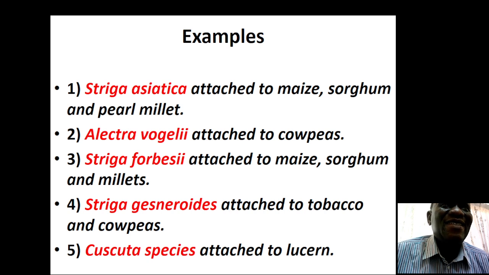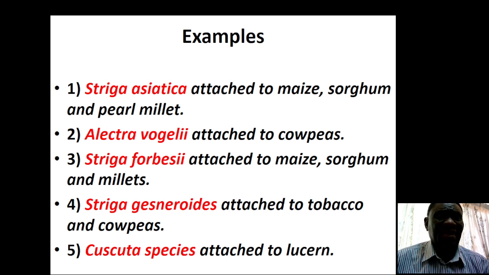Striga forbesii, again, which can attach to maize, sorghum, and millets. Striga gesnerioides can specifically attack tobacco and cowpeas. Then we have got Cuscuta species, which can attack lucerne. So these are the weeds which can cause parasitism.